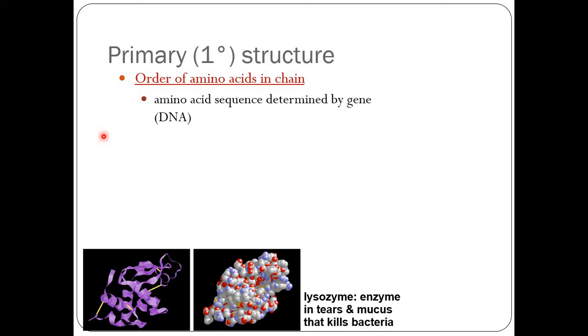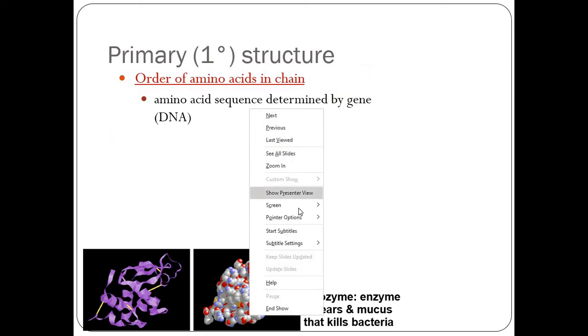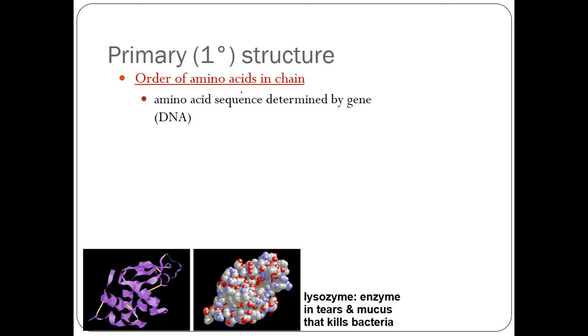So if you have, for example, alanine, valine, glutamic acid, this is the order, this is the primary structure of protein, kung unsa ang pagkasunod-sunod sa ilahang amino acid.